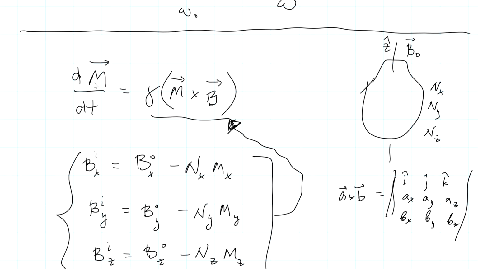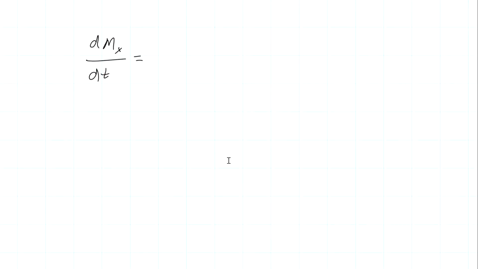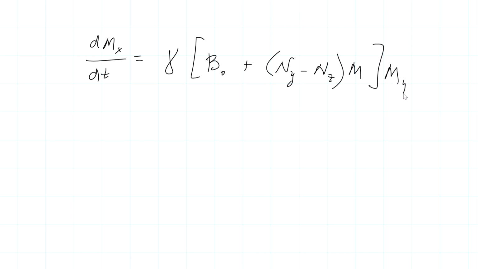And then the x component of the left side should be equal to the x component of the right side. So you substitute it, and you get that your x component is gamma times B naught plus Ny minus Nz, M, My.